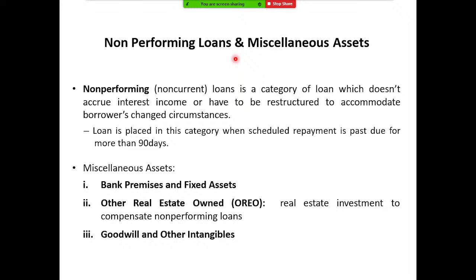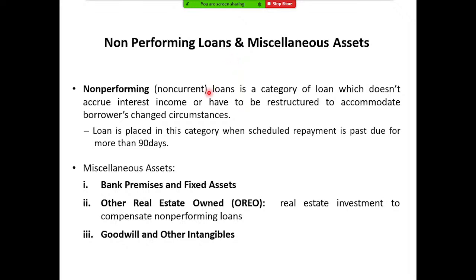Non-performing loans and miscellaneous assets. Non-performing loan means the bank has already given a loan to a particular customer, but the bank is unable to earn the expected revenue, the expected interest, from that loan. That means non-performing loan. The loan is here but it's not performing.